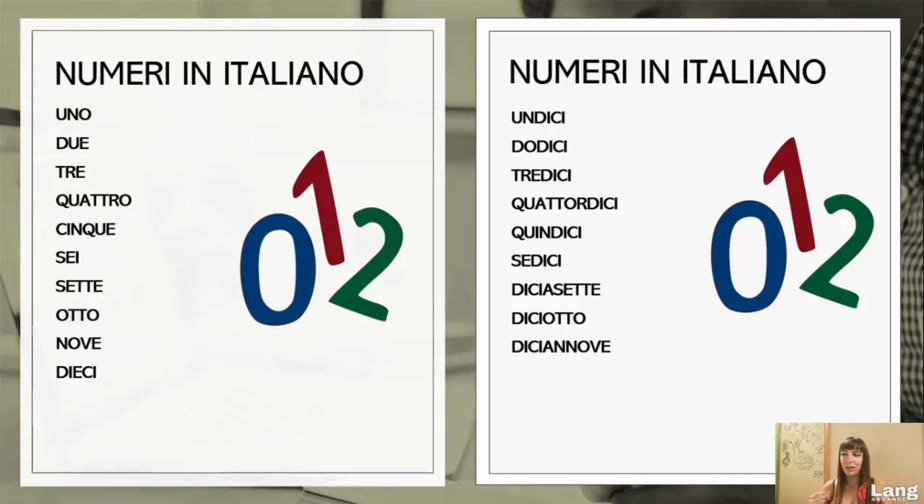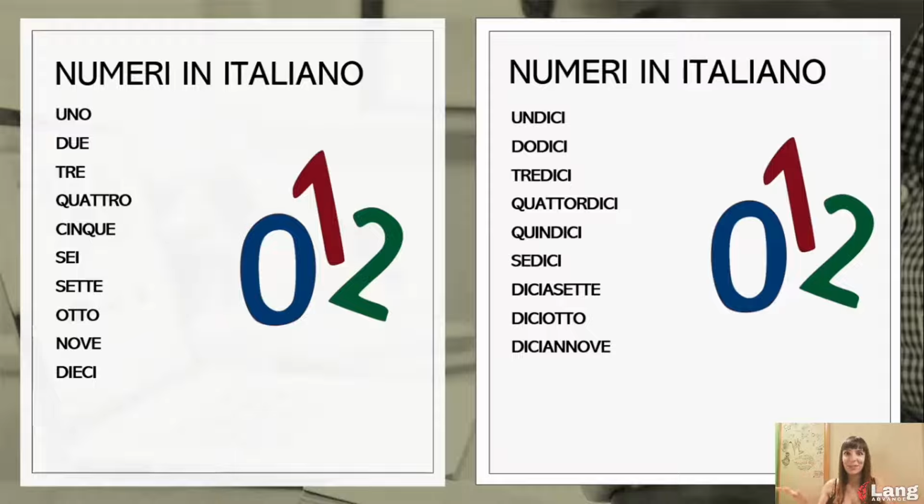Okay, so 1 is uno, 2 is due, 3 is tre, 4 is quattro, 5 is cinque, 6 is sei, 7 is sette, 8 is otto, 9 is nove, and 10 is dieci. Okay, uno, due, tre, quattro, cinque, sei, sette, otto, nove, dieci.